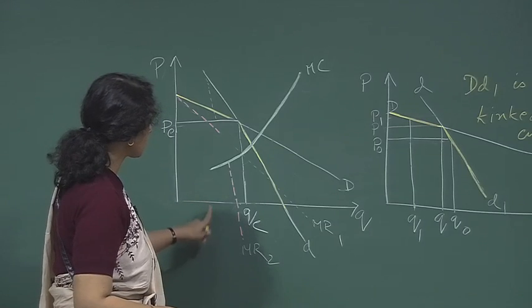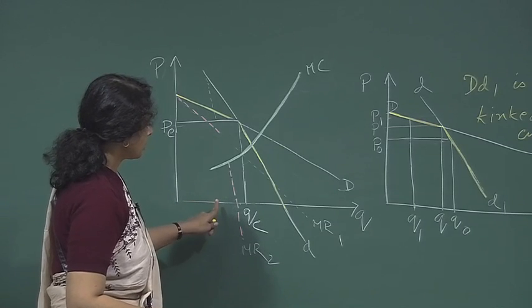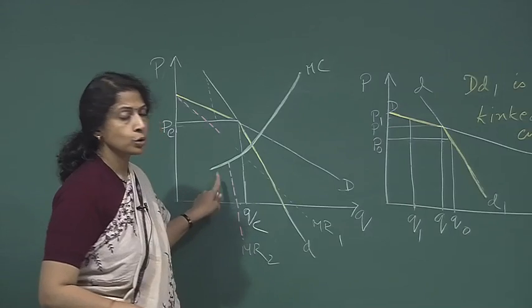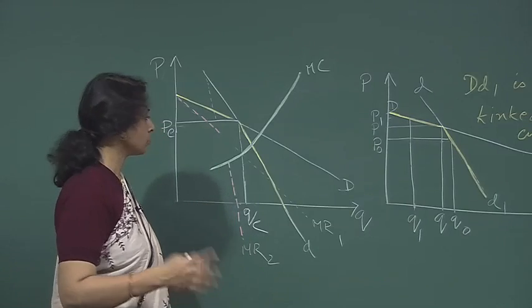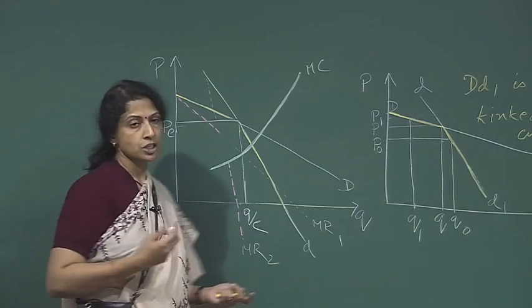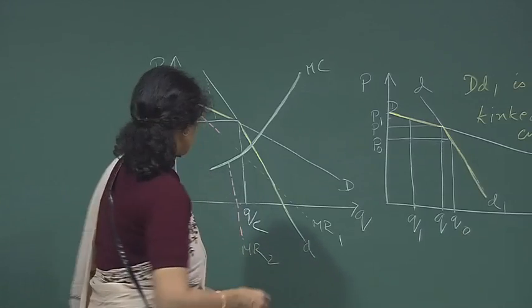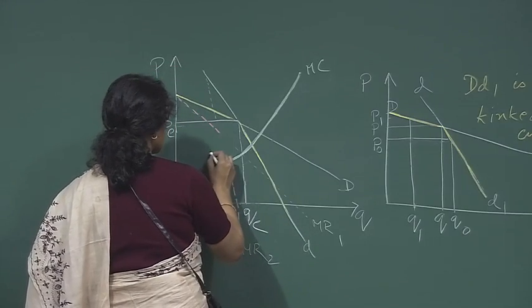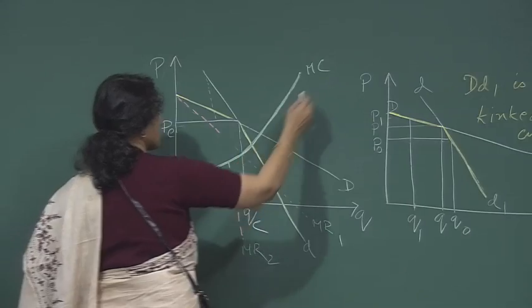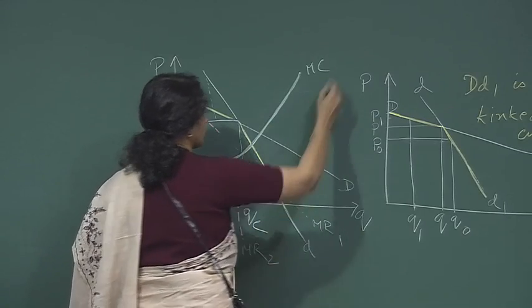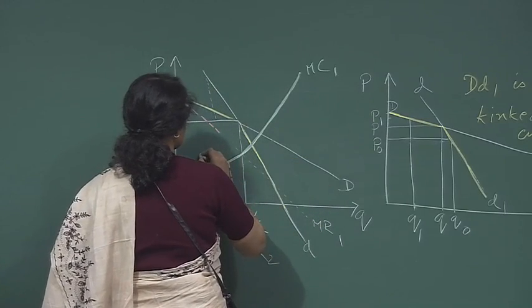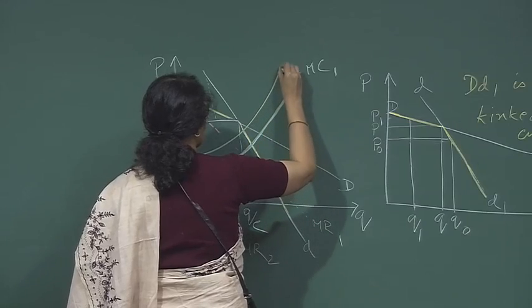What happens if the marginal cost of this firm goes up? Due to whatever reason, its marginal cost has gone up. So in that case, the marginal cost is now, say, from MC1 increased to MC2.